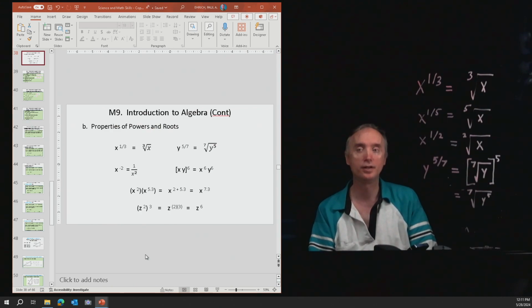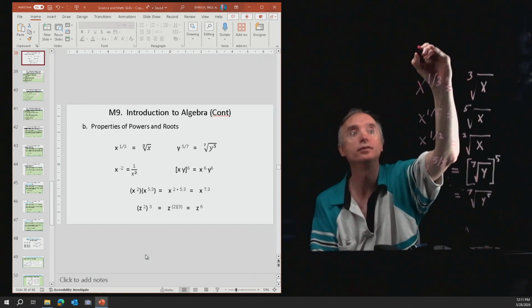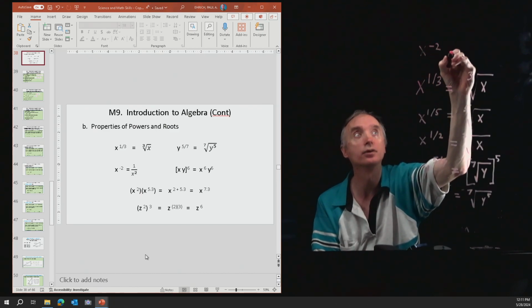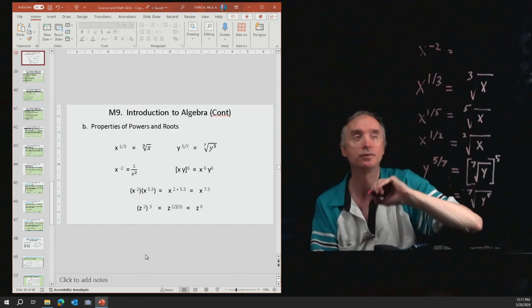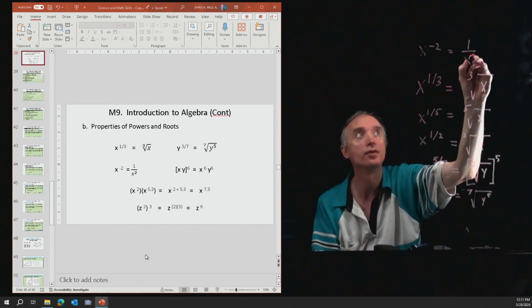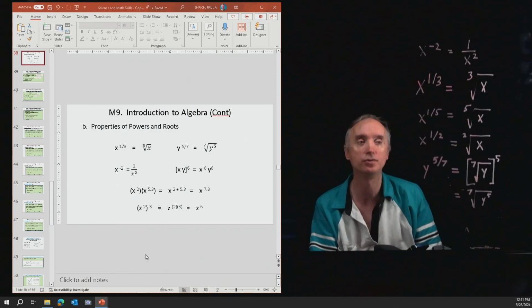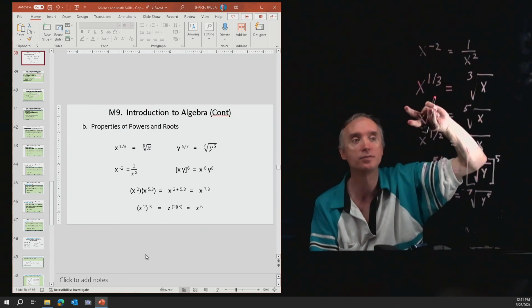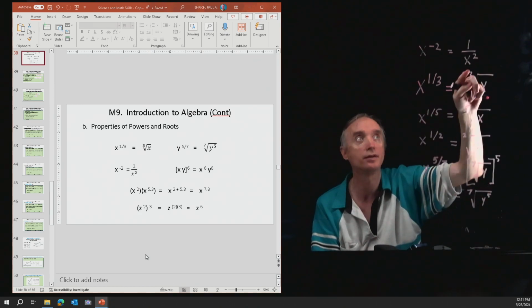Then the next one is, what's the significance of a negative exponent? So this one is going to be x to the -2 power, and so what does that mean? It's going to be 1 over x to the +2 power. So a negative exponent means basically to flip it upside down.